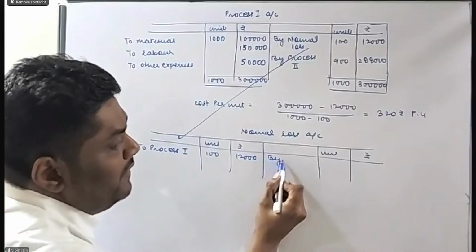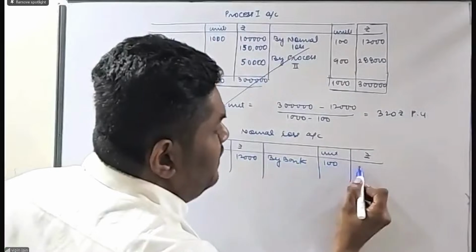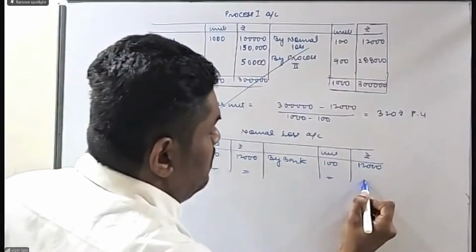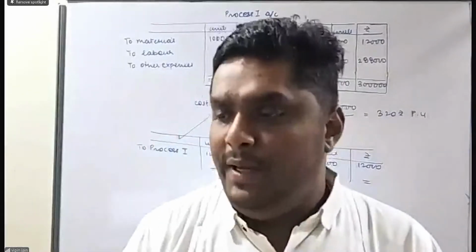And we can say this is the amount realized on these 100 units, that is 12,000 rupees. That's it. So this is the way you have to prepare the normal loss account.